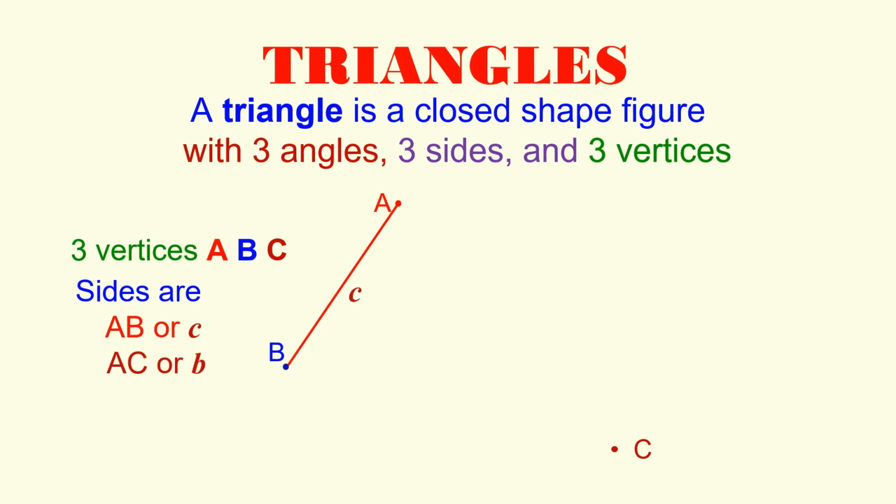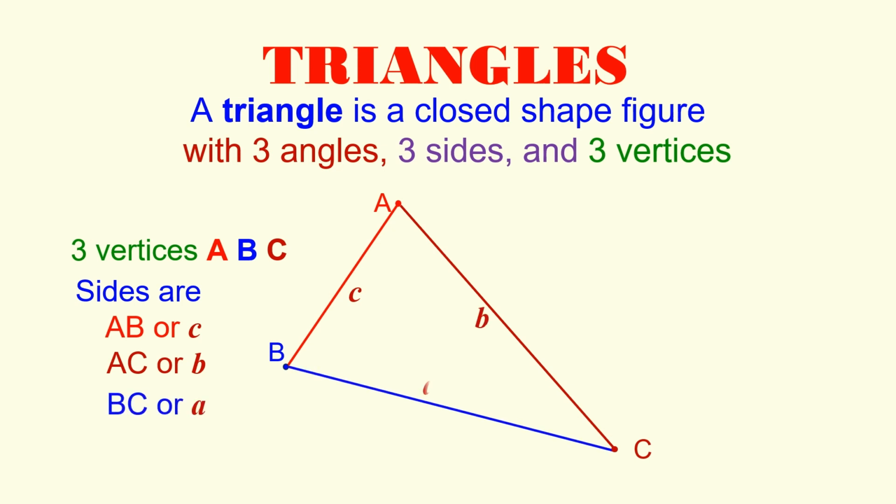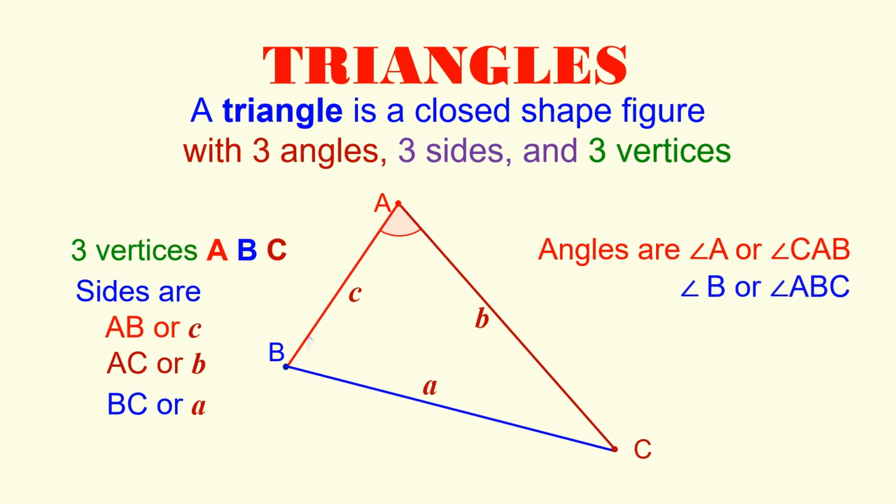Three vertices are A, B, C. Sides are side AB or C, side AC or B, and side BC or A. Angles are angle A or angle CAB, angle B or angle ABC, angle C or angle ACB.